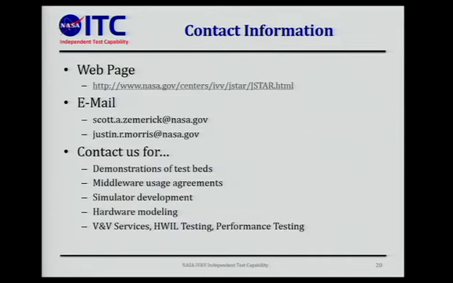We model those ourselves. The ITC team will model the specific cards for a mission in SIMIX or QEMU. We have most of the experience in SIMIX. An example is a Ka-band card with various FPGAs. We'll model that in SIMIX ourselves.